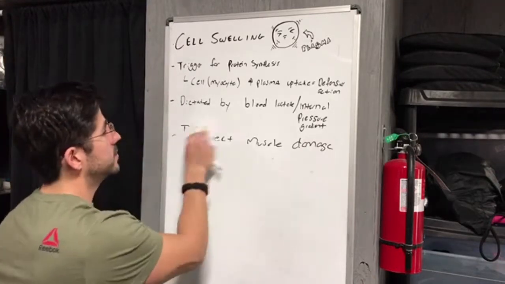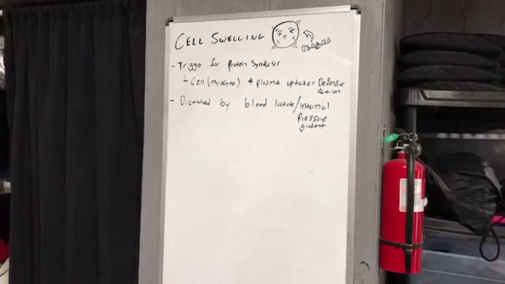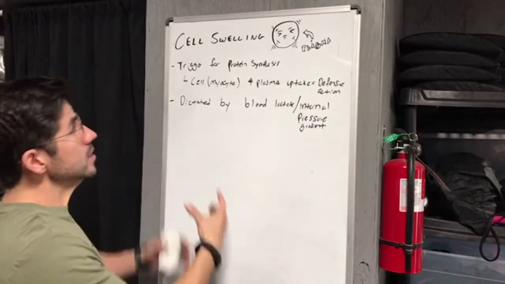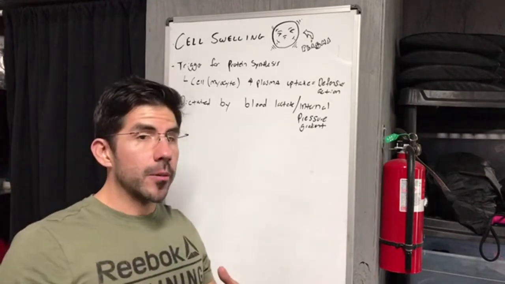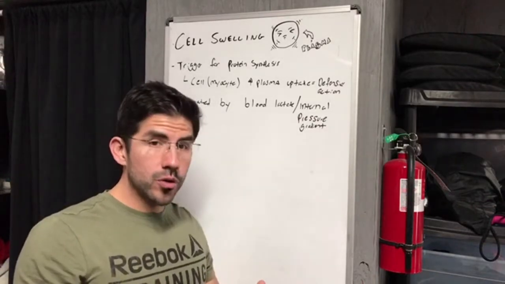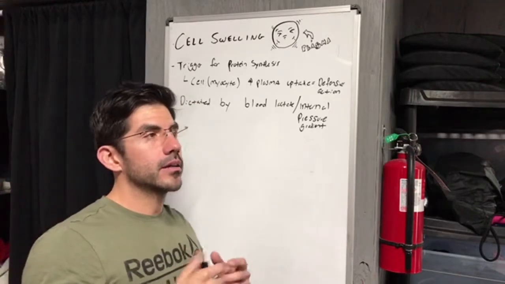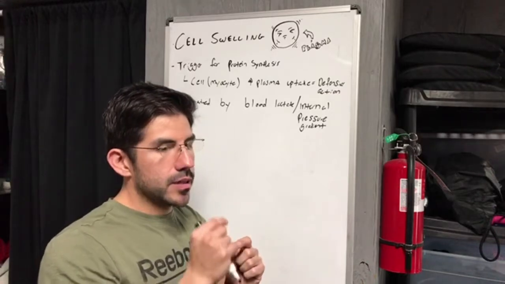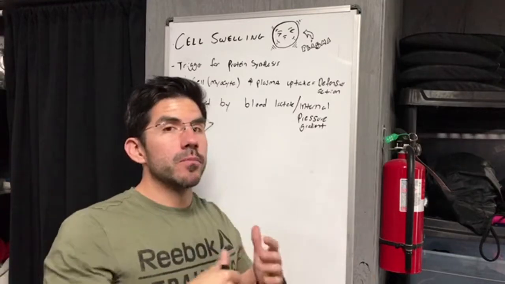Now, the reason why I brought up damage was because the topic of today is cell swelling. And with the topic being cell swelling, we need to understand that the swelling that we see in our patients or clients that we're applying blood flow restriction to through a clinical model is not going to indicate that we are actually creating swelling that is relevant with muscle damage.